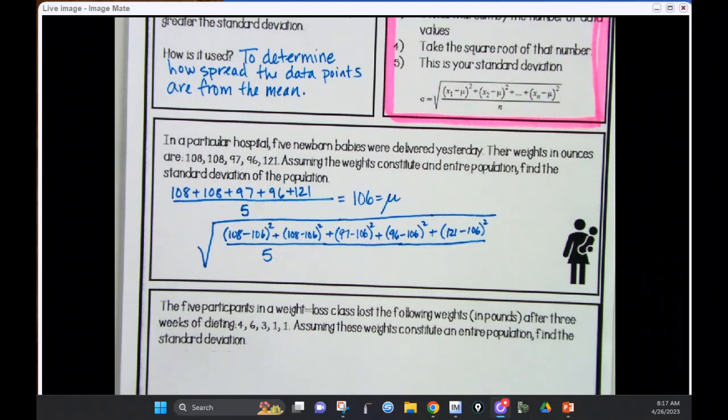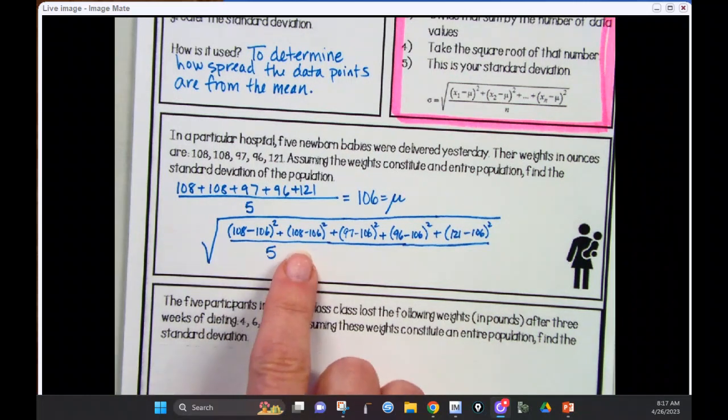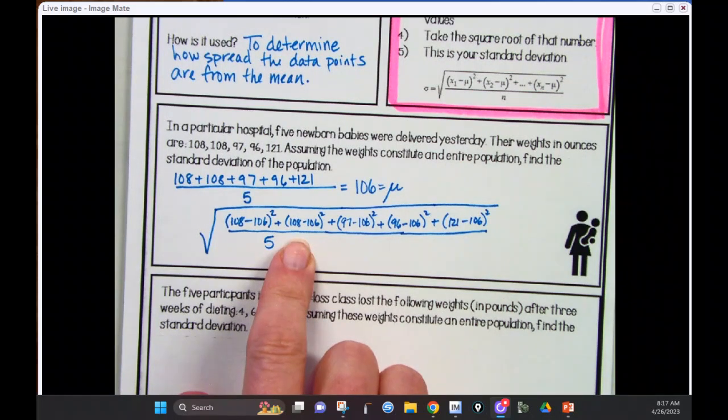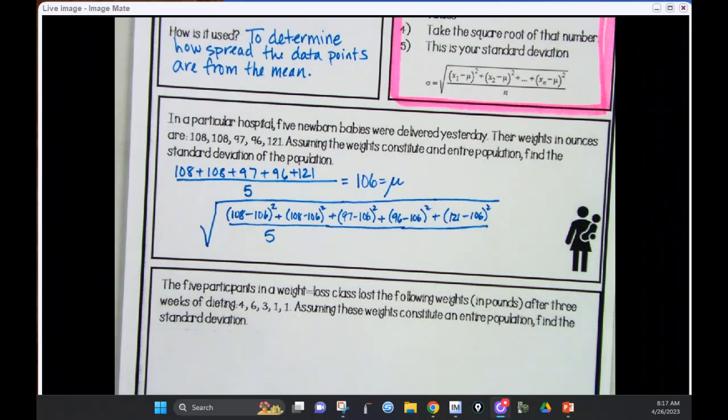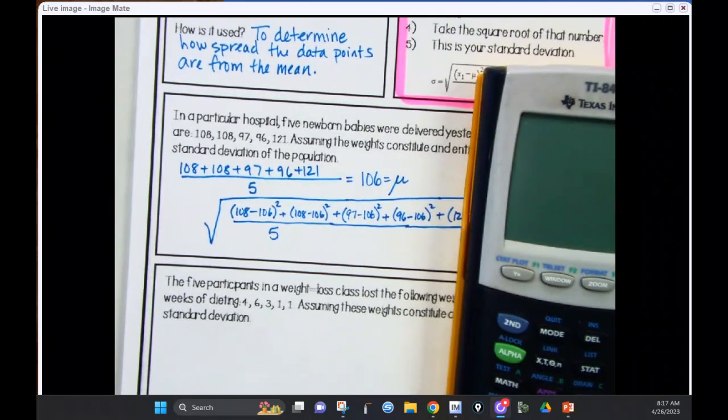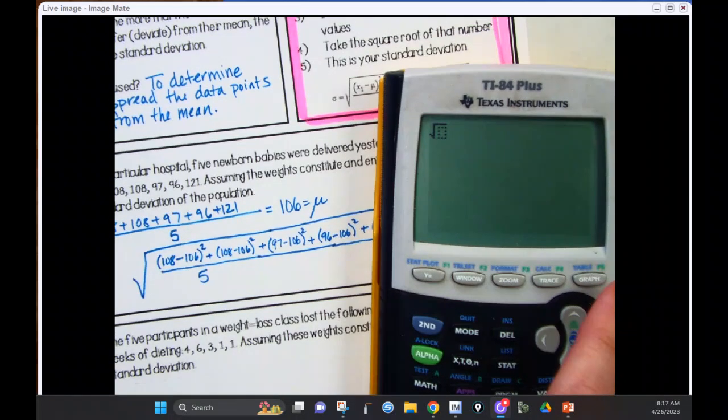So grab your calculator. Can we make it look exactly like this? If we want to, for sure. Do you remember how? If you're worried about the order of operations, just set your calculator to do it for you. So we are going to go second square root.